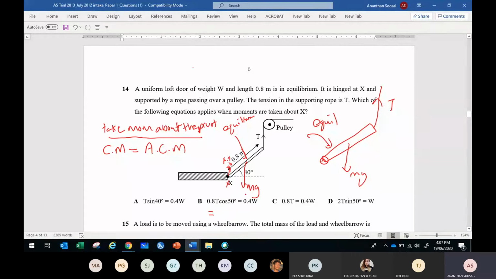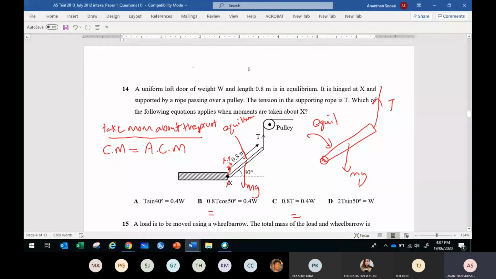Oh, another one of you saying C. So one said A, 2 of you said B, and 2 of you said C. B or C? Check this diagram carefully. B or C? 50-50 your class results.